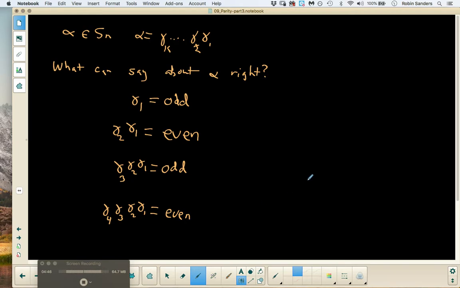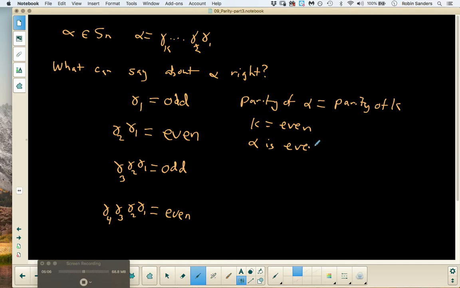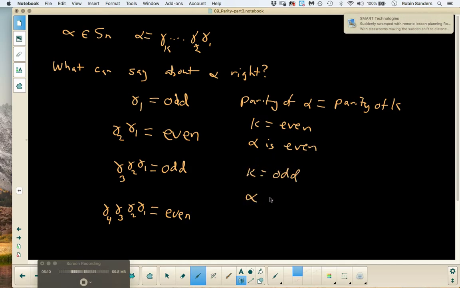You keep doing this and you realize that the parity of alpha has to be the parity of the integer k. In other words, if k is even, alpha is even, and if k is odd, alpha is odd. And that's the first thing that we want to be thinking of.